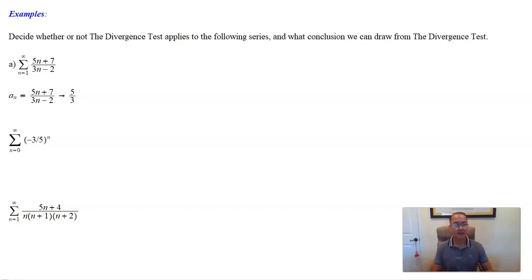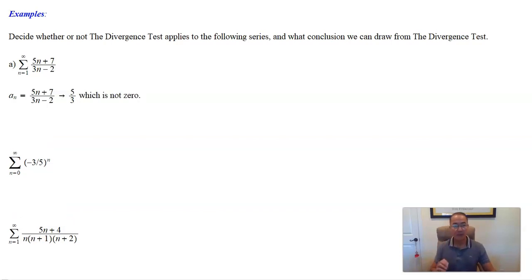All right, so that limit is 5/3, which is not 0. Okay, so according to the divergence test, this satisfies the hypothesis of the divergence test.